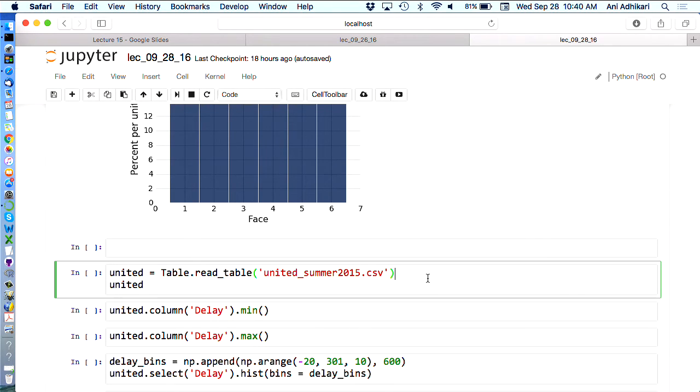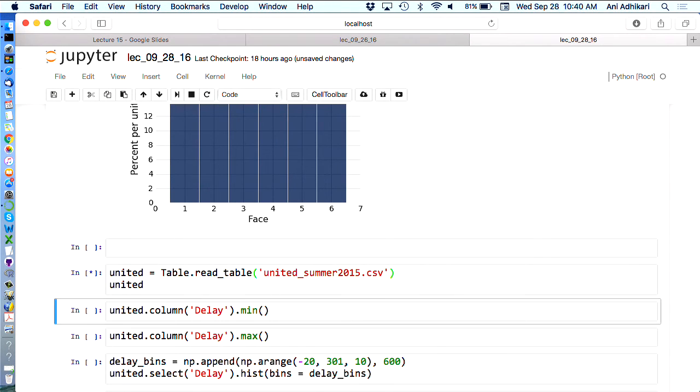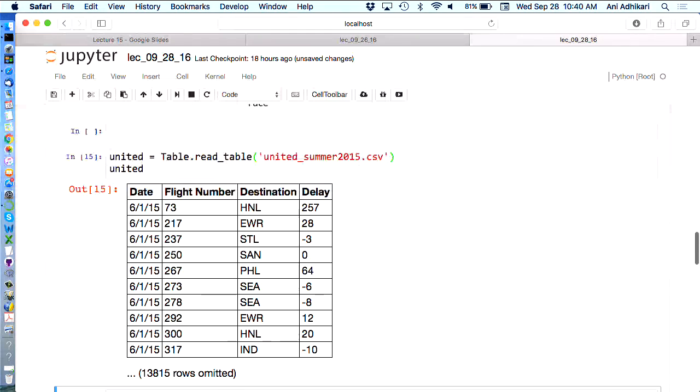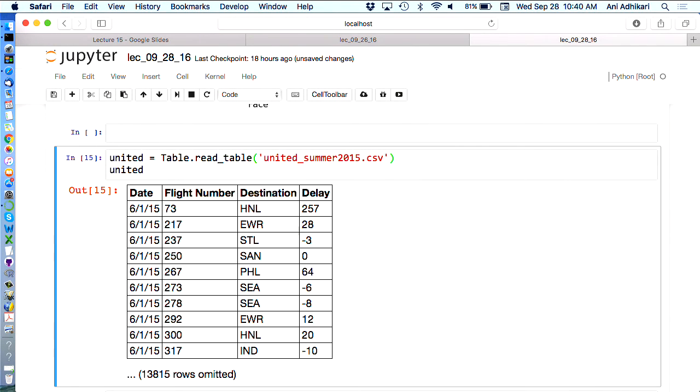And for this, I have a data set from the Bureau of Transportation Statistics, which has publicly available data on every flight out of every airport in the United States. So these are last summer, not this past summer, but the summer of 2015, June through August of 2015, every United domestic flight out of SFO.